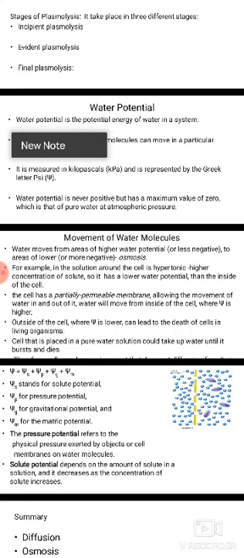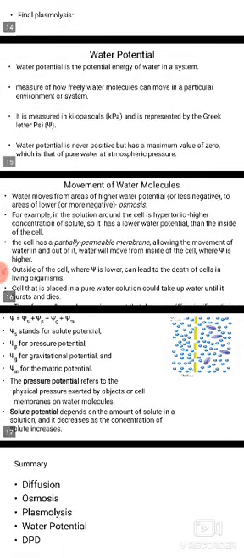If the cell has a partially permeable membrane, allowing the movement of water in and out of it, water will move from inside of the cell where psi is higher to outside the cell where psi is lower. This can lead to death of cells in living organisms. A cell that is placed in pure water could take up water until it bursts and dies.